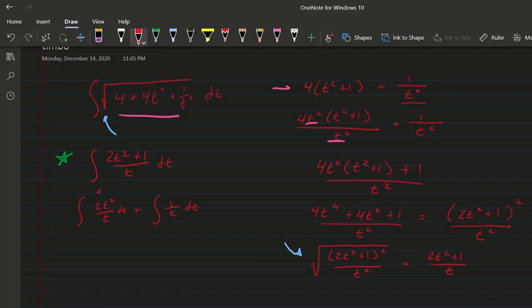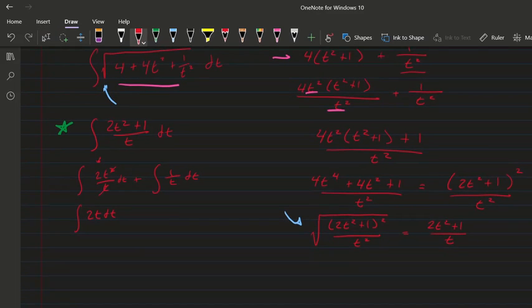Alright, so with this integral on the left, the t's cancel out, so you have the integral of 2t dt, which equals 2t squared over 2 plus c. So this just becomes t squared plus c.